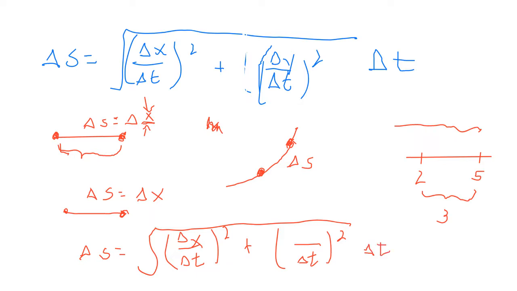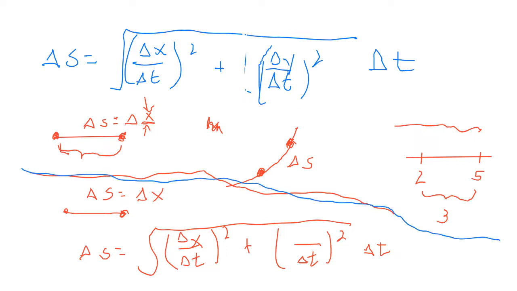What's going to go? So what I'm doing is pointing out this special case where delta S equals delta X. So you have delta X over delta T quantity squared.